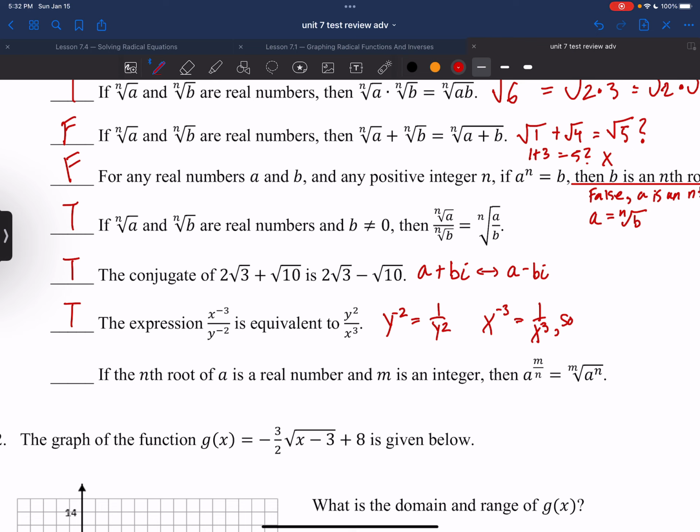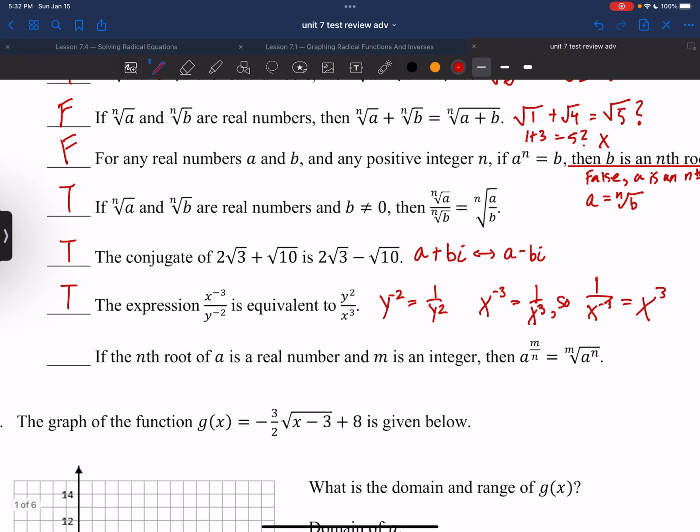So that means 1 over x to the negative 3 equals x to the 3. So you essentially just swap their places, and that is true. One goes on top, the other one goes on bottom.